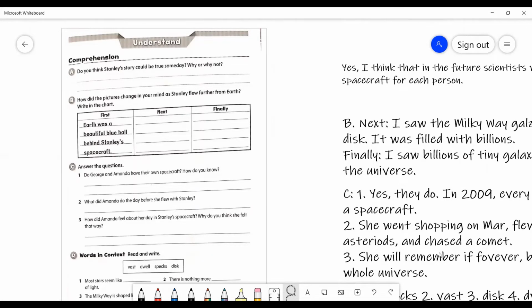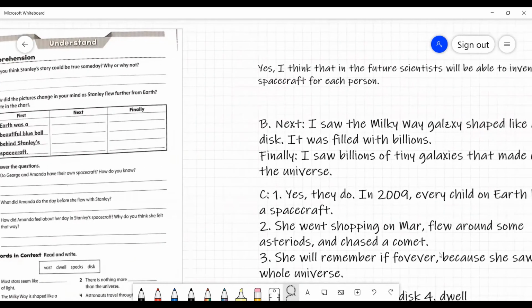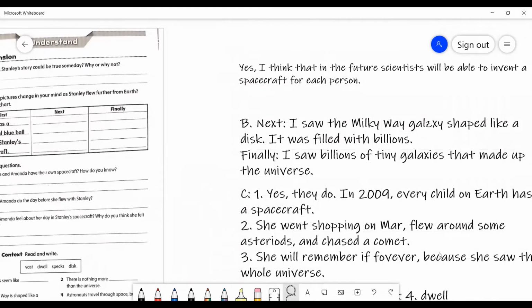So in the next part we will write, I saw the Milky Way galaxy shaped like a disk.